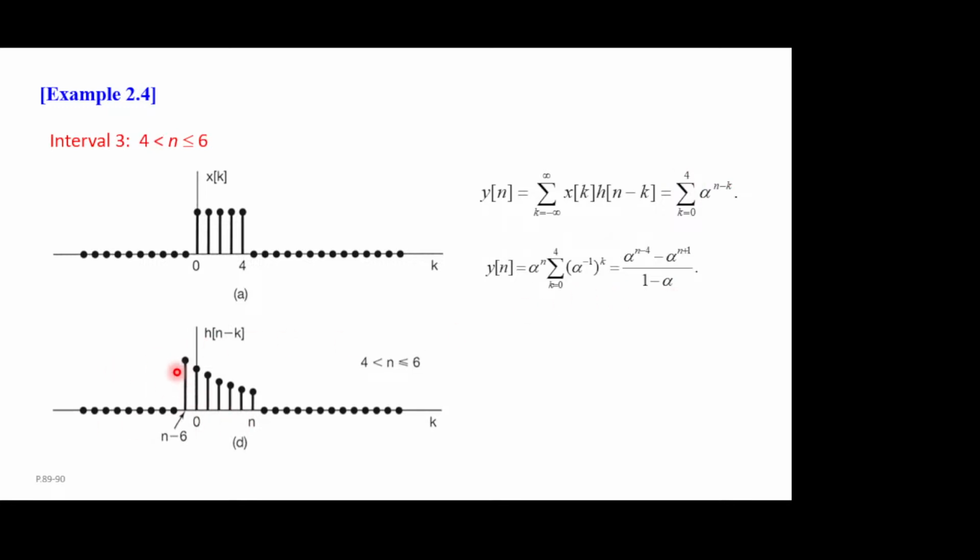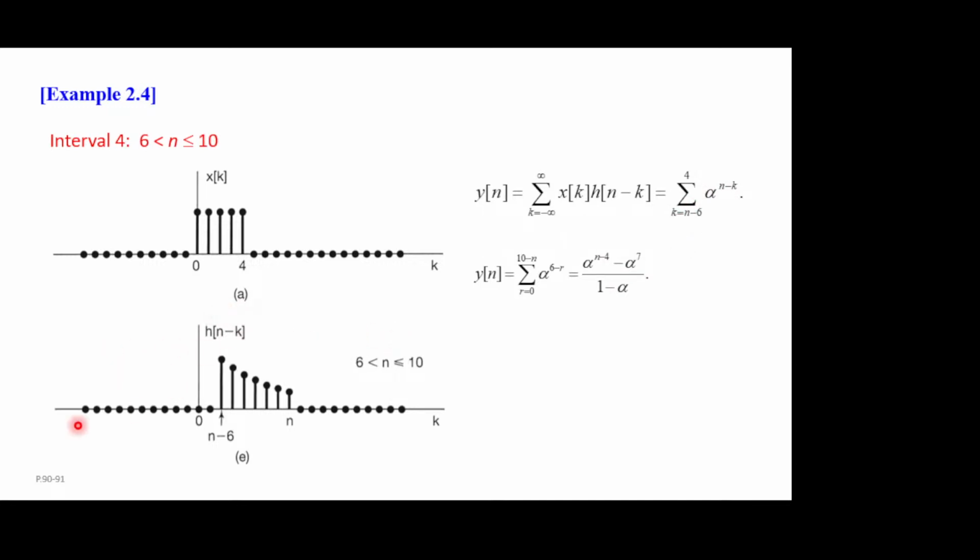Then you pull this h of minus k more. Now they have full overlap between 0 and 4, so you sum this from 0 to 4, and you get some result. And finally, we have this n minus 6 part between 0 and 4, so once again we have partial overlap between n minus 6 and 4, and then we get this result.